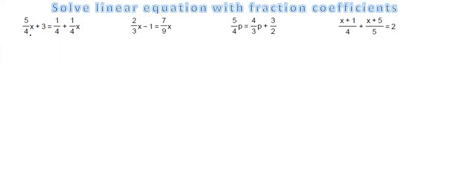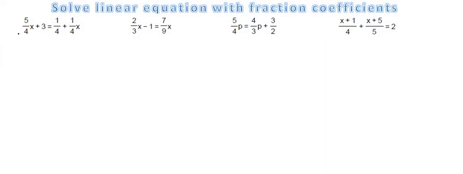As we can see, for the first example, we have a common factor, that is 4. That means we can multiply by 4 for both sides, okay?